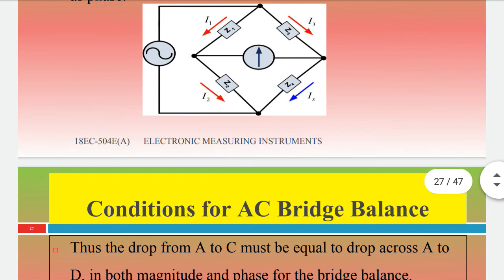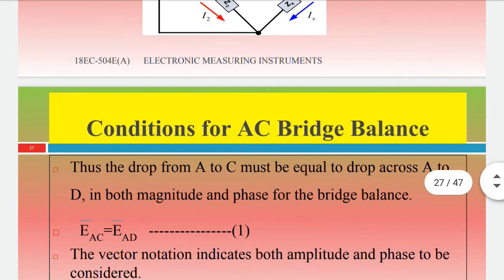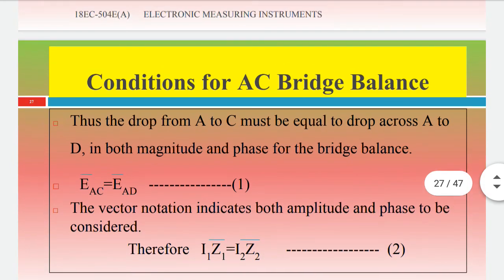Hence, the drop from A to C must be equal to the drop from A to D in both magnitude and phase for the bridge balance.